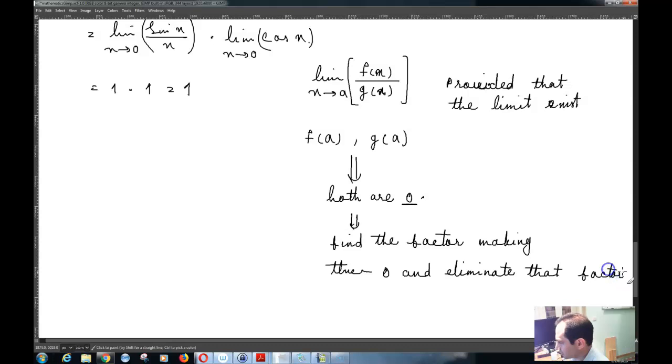So if there is a factor in the numerator and denominator that is making them 0, you can find that factor and cancel them out. Since that factor is gone, they're not going to be equal to 0, and you will get some value for the limit of f of x by g of x.